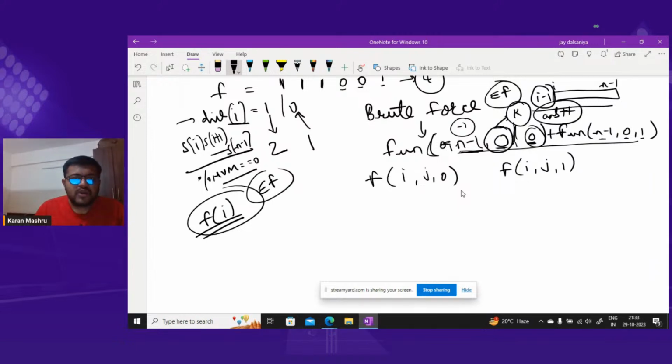So in general, what will the recursion function look like? If I say f of i, j, 0, listen to this clearly, okay? You will get it. What does this say?